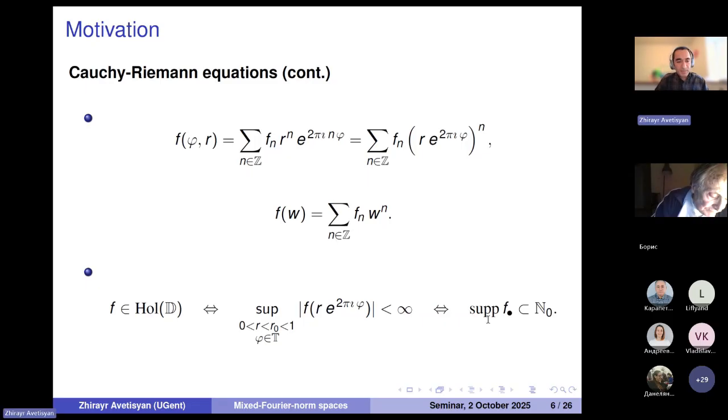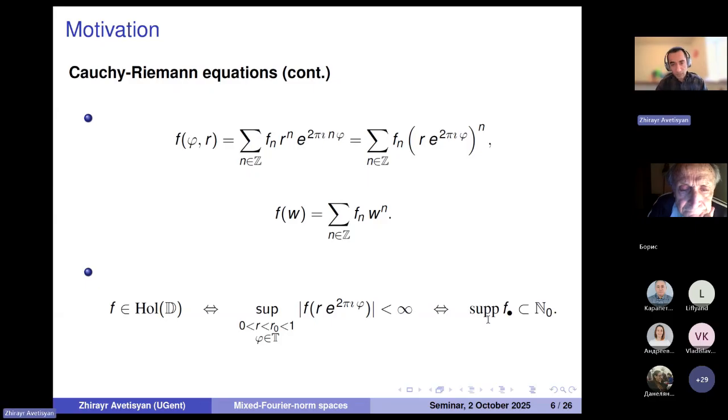So this basically means f is holomorphic in the whole disk, including the origin, if the supremum in a neighborhood of the origin of the function is finite. It's bounded in a neighborhood of this boundary point, boundary from the perspective of the punctured disk.